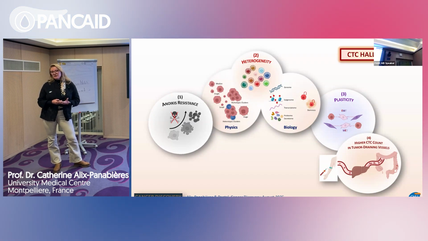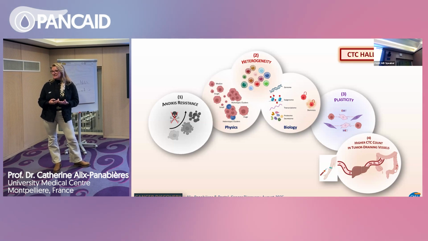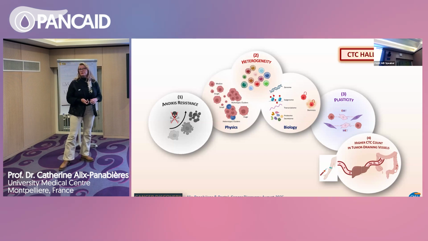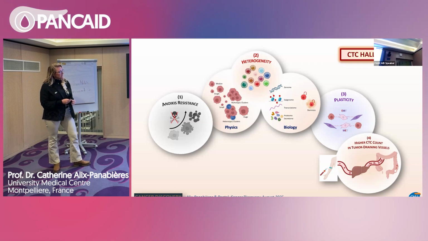And many people don't remember, but in 99.9% of the cases, for example, in breast, colon, and prostate cancer, the patients will die from the metastatic sites and not from the primary tumor. So that's why it's really important to try to block this tumor dissemination and to try to understand which are these stemness-plus CTCs.